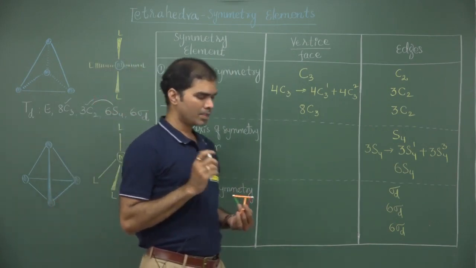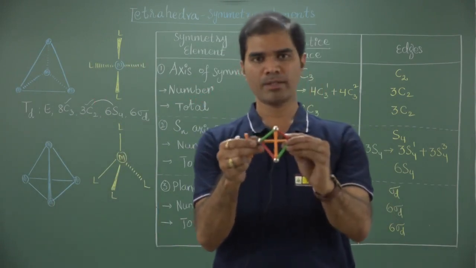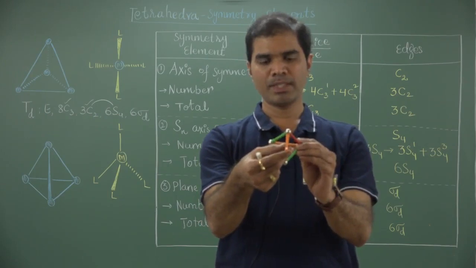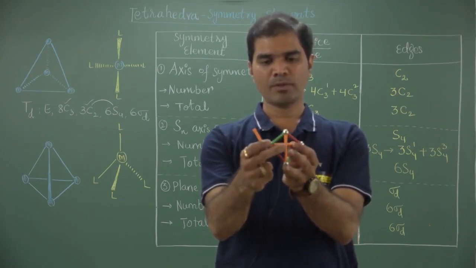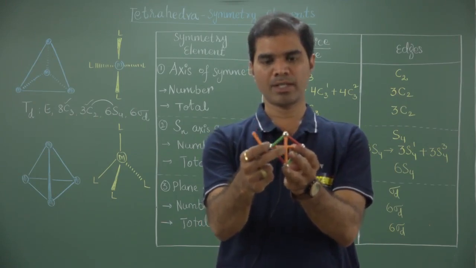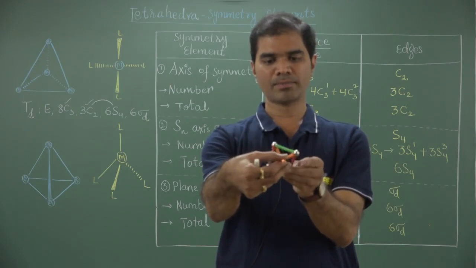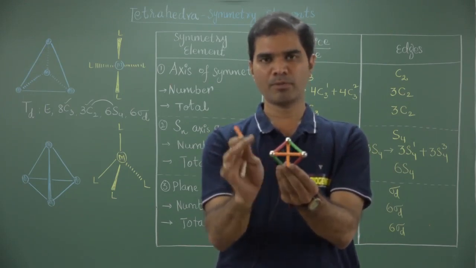How to visualize these S4s? Now I will just represent. Suppose I am holding the tetrahedron in this manner. From here will be a C2. Collinear to this C2 will be S4. S4 means, you carefully look at this orange one which is vertical with respect to you. I just rotate by 90 degrees. When I have rotated by 90 degrees, it is not an equivalent configuration, but forget about it.